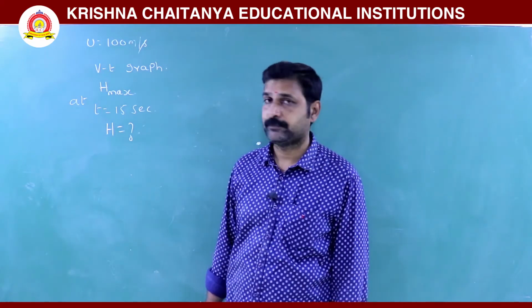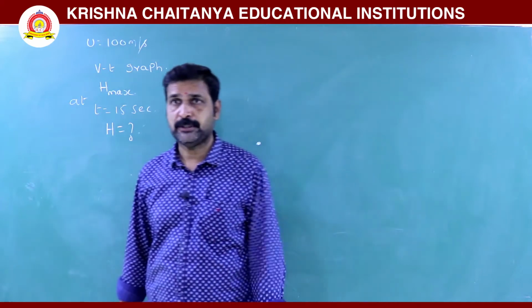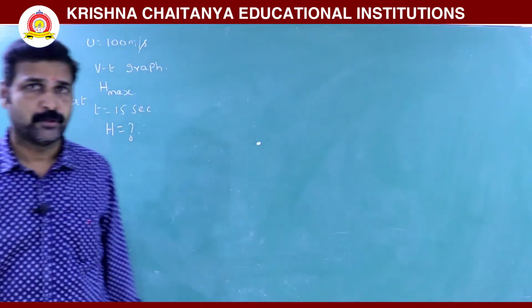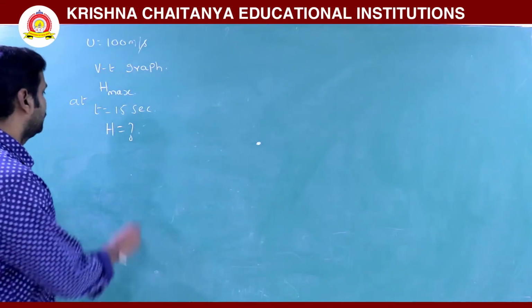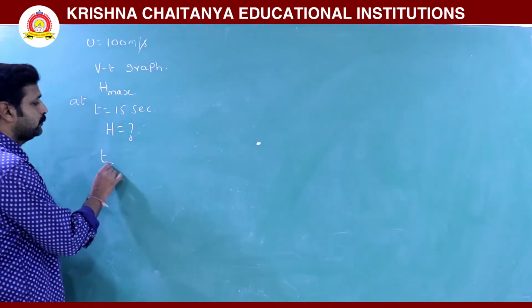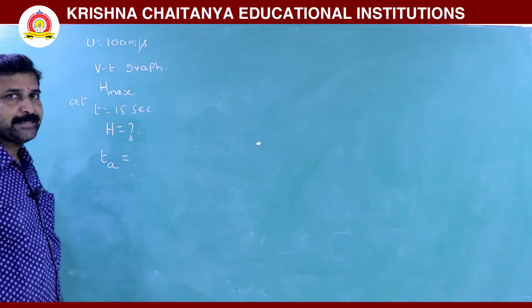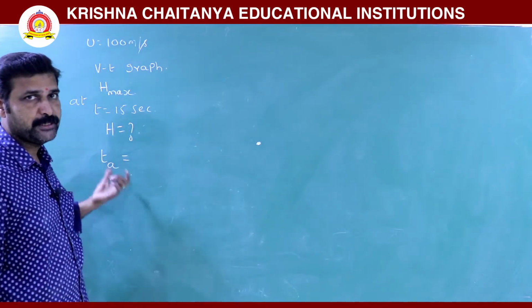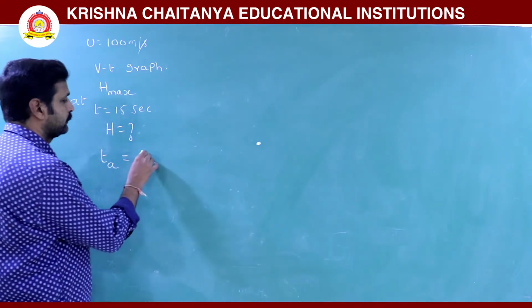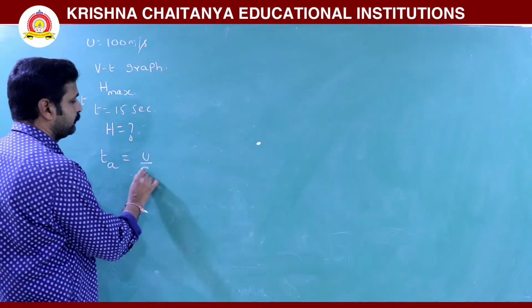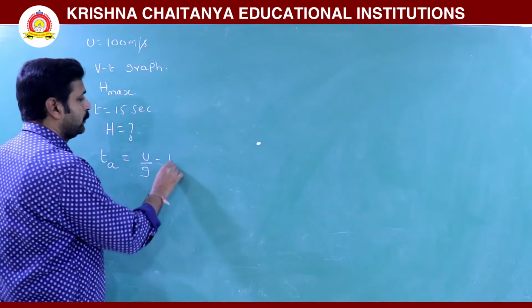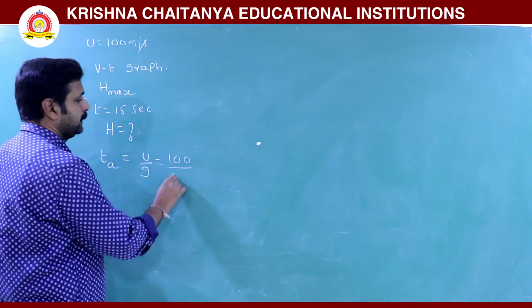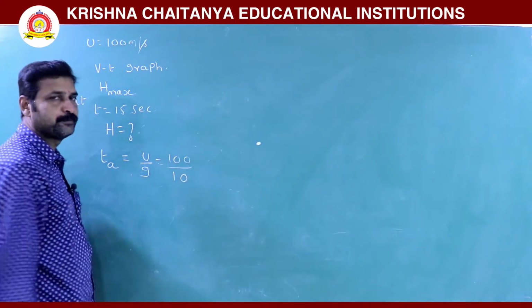So here, when a body is projected vertically upwards with an initial velocity u, the time of ascent to reach the maximum height is u by g. U is 100, g is 10.